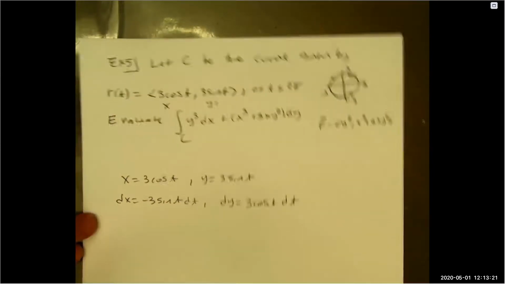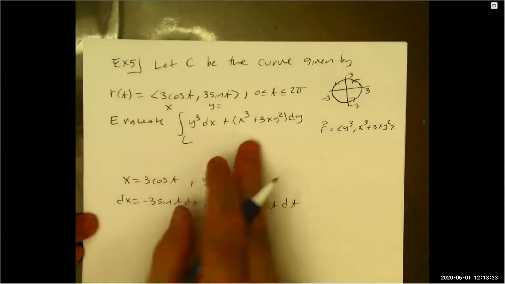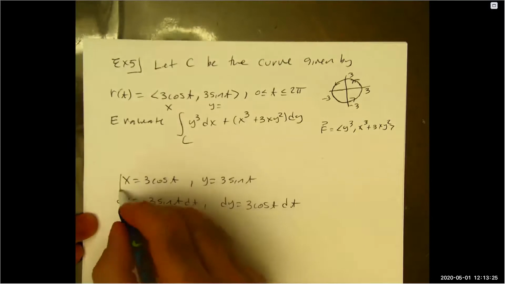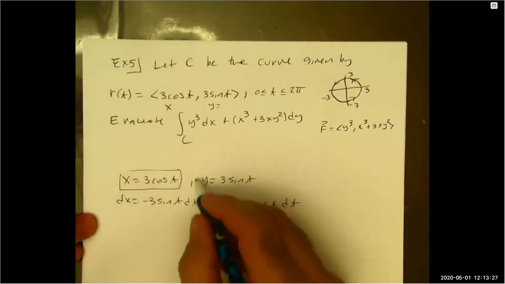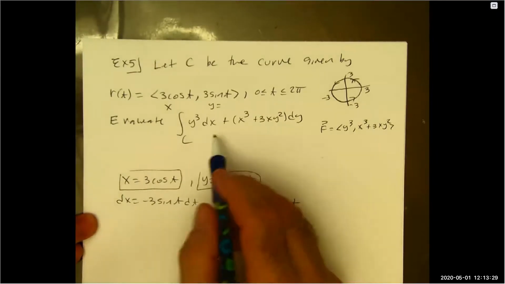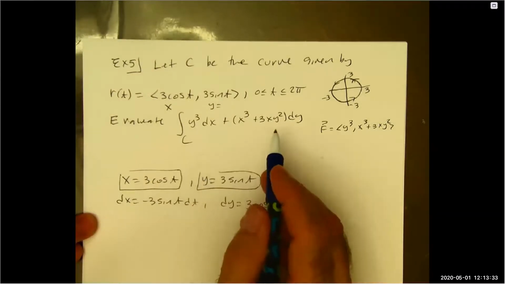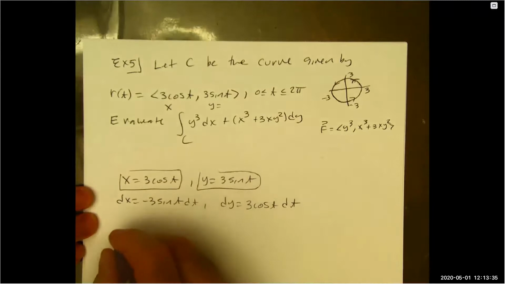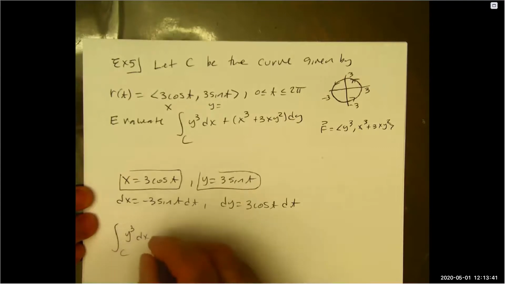All right, so let's put everything in here. Remember that this is your x, and this is your y. So we're going to replace our x's and y's, and also we're going to replace dx and dy. So we have our integral of y cubed dx over C.